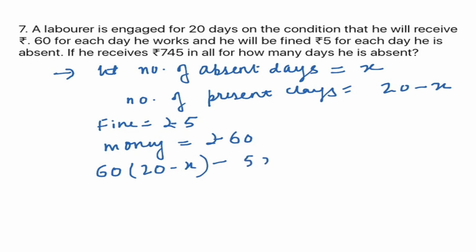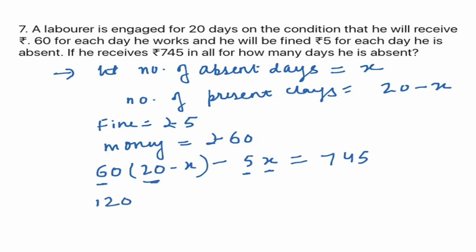For x days, minus 5x, and in total how much does he get? 745. So that's how we make the equation. We multiply the amount that he will get with the number of days he will work and the fine with the number of days he will be absent, and the total we will equate to the total amount that he will receive. Now we will solve the equation.